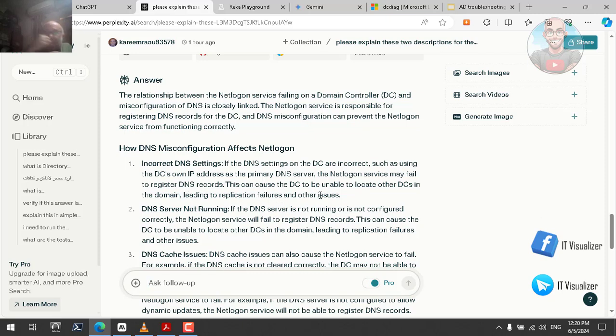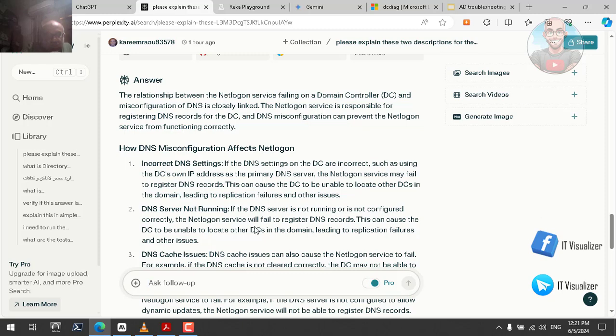So, if there is a misconfiguration in the DNS, the Netlogon service will not register computers in the DNS server. It may not even register other domain controllers in DNS, which will lead to replication failures and issues. This is a very good one. If the DNS service is not running or not configured correctly, the Netlogon service will fail to register DNS records.